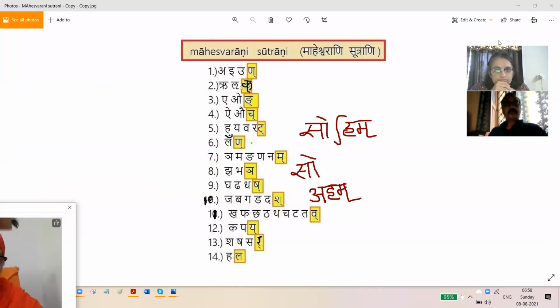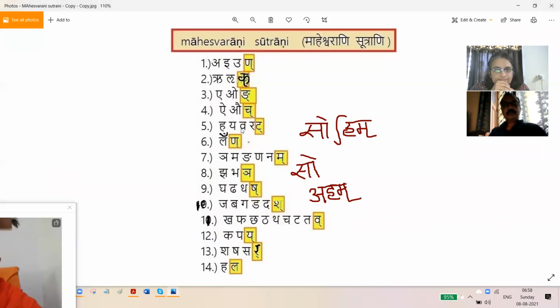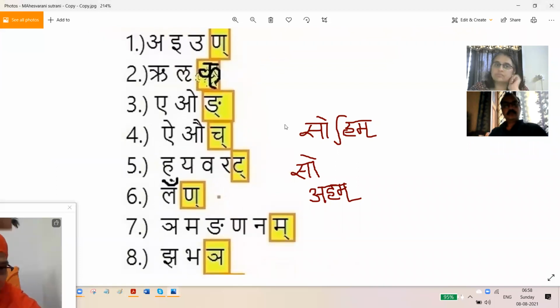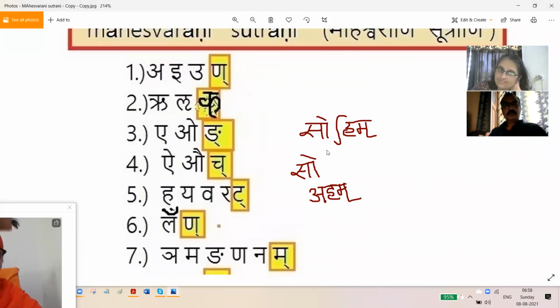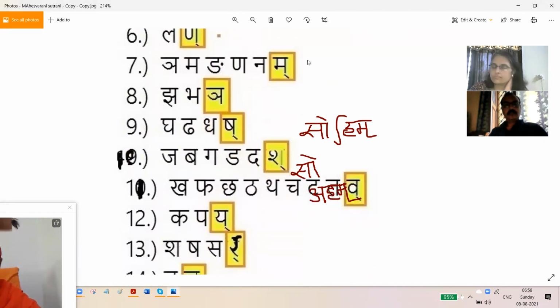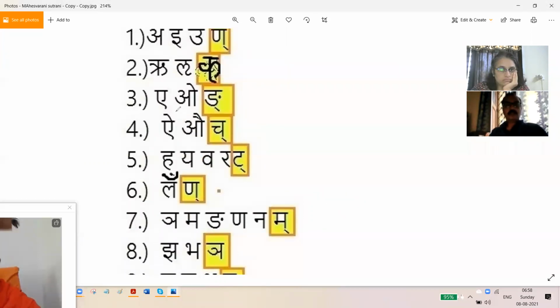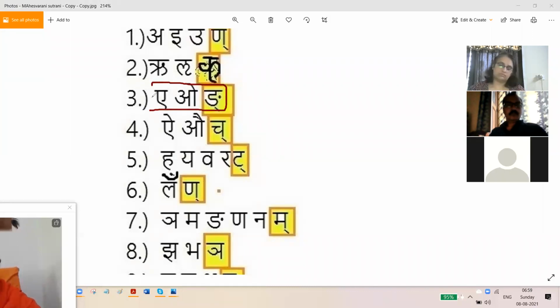We are not chanting these every day here, but Panini has made his own alphabet in his own language. This is called Maheshwari, total 14 sutras. So when I say eng padantat atiparatah, it will include this one.